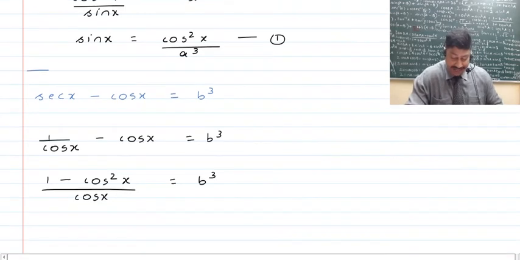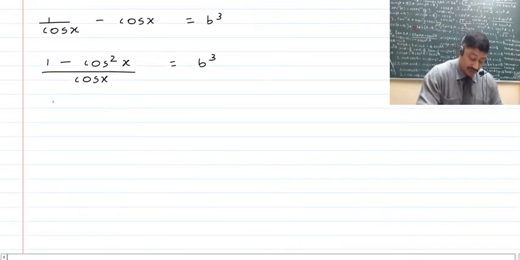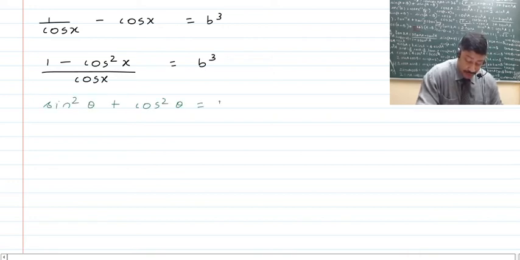Now next, we are again reminded of the formula sin square theta plus cos square theta is equal to 1. As such, we can make sin square theta the subject of the equation, and thus we will have 1 minus cos square theta on the other side.